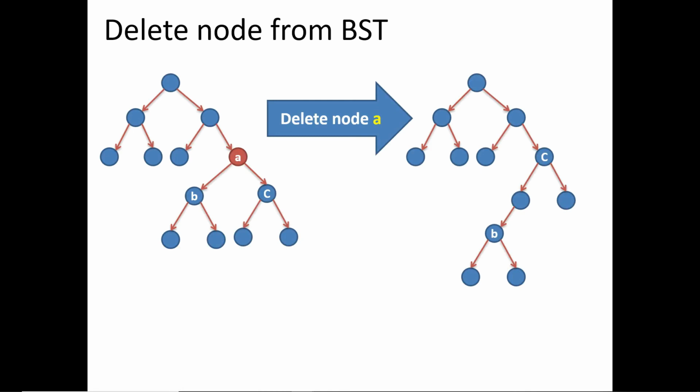Now next is deleting a node having two children. So here A is a node which has two children, that is left and right.